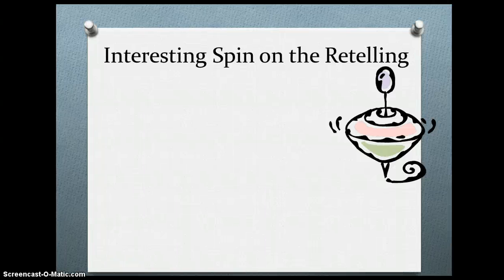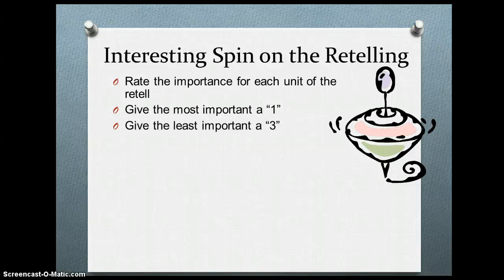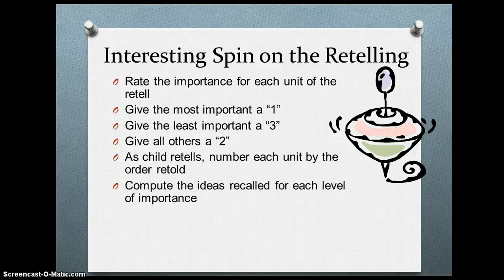Also, in your text, they discuss taking an interesting spin on retelling by rating the importance of each piece of the retell, then giving the most important a 1, giving the least important a 3, giving all others a 2. Then as the child retells, you would number each by the order it was retold. And then you can compute the ideas recalled for each level of importance.